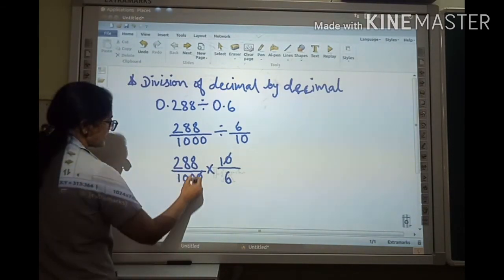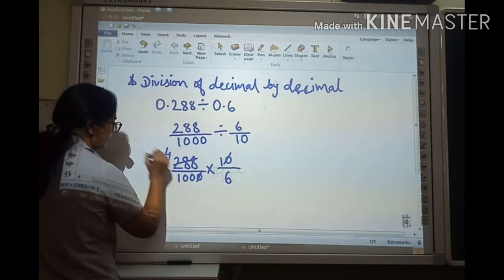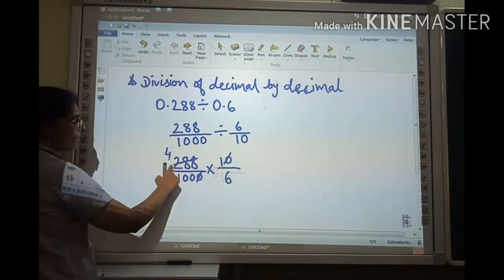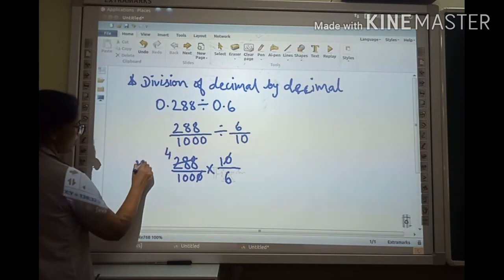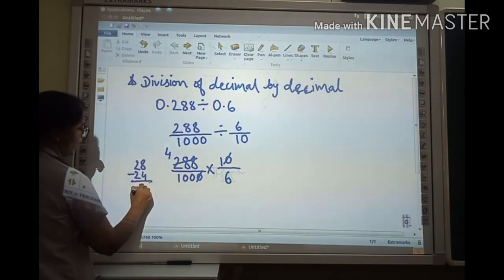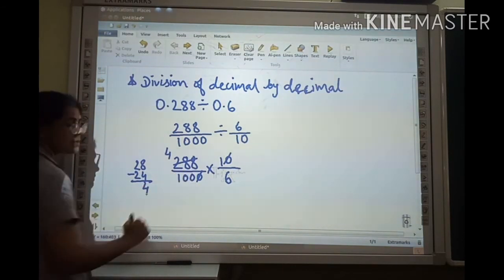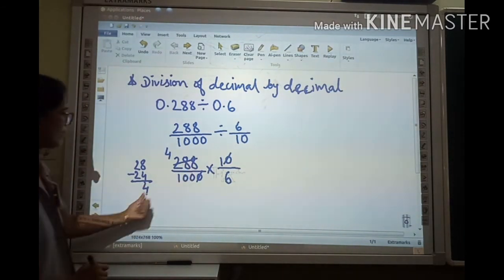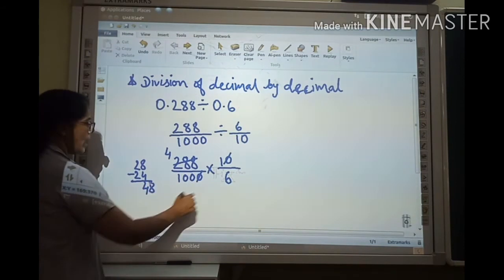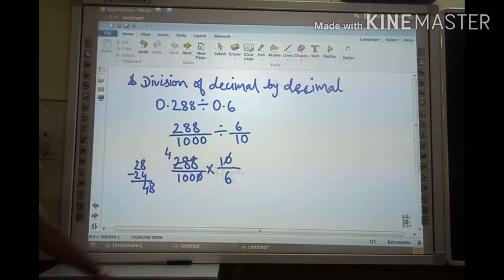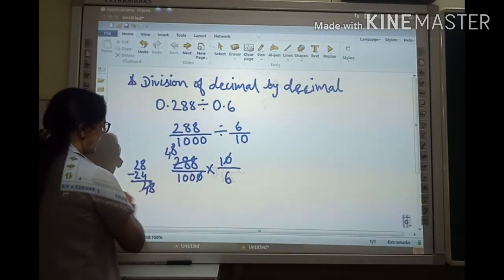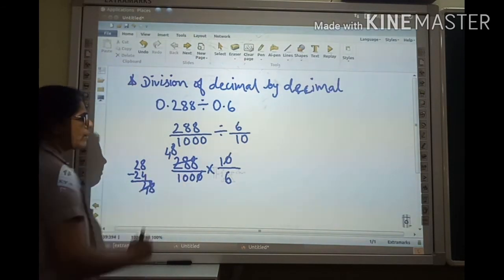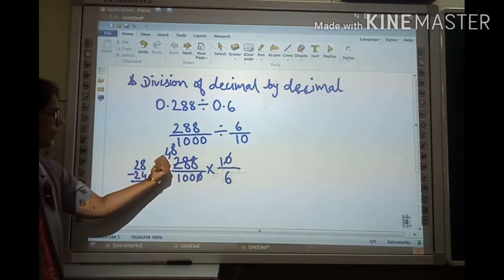So 6 4s are 24. If I divide only 28, 6 4s are 24. Now 28 minus 24, I get 4. And here is the 8, so that will become 48. Now I know I can divide 48 by 6. 6 8s are 48. So the whole number is 48.